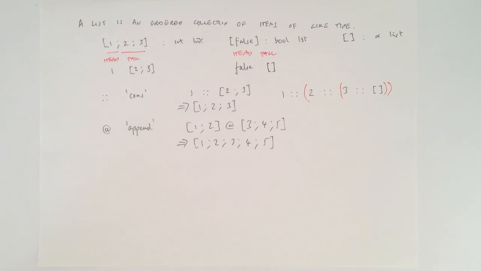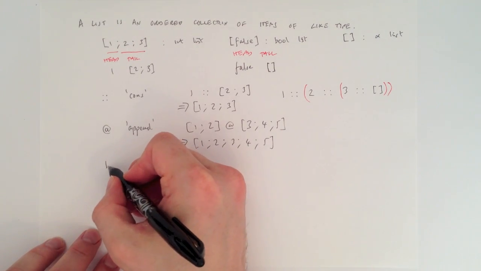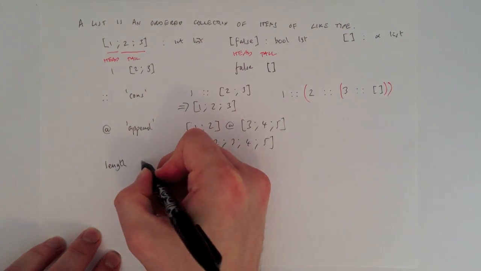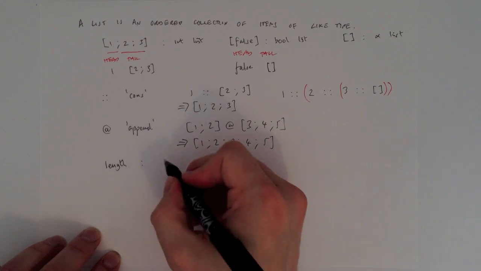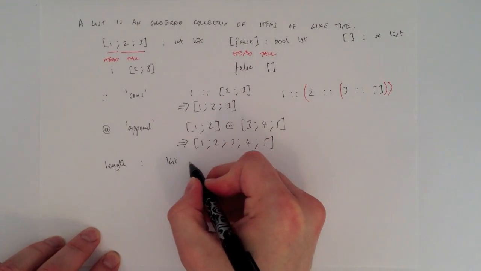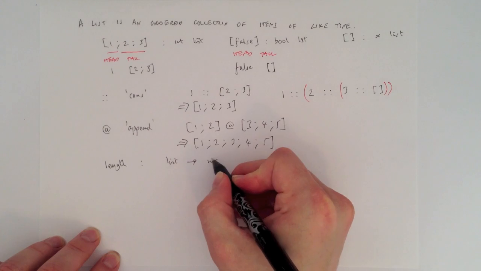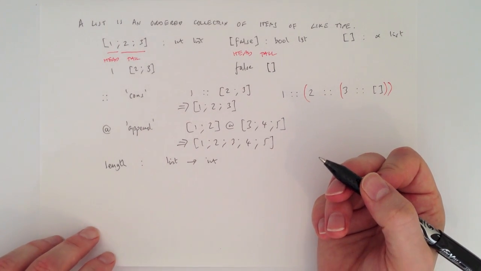So how might we write a function? Well, I suppose the simplest function on a list is one that finds its length. What type would that have? Well, it takes in a list, and it's going to give us an integer for the length. But what kind of list does it take in?